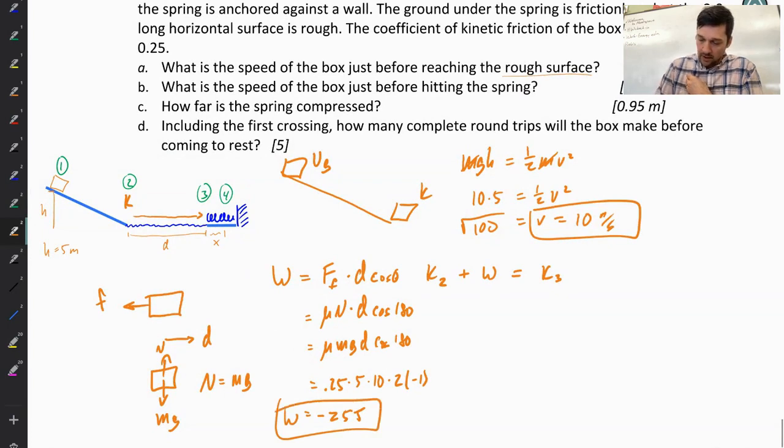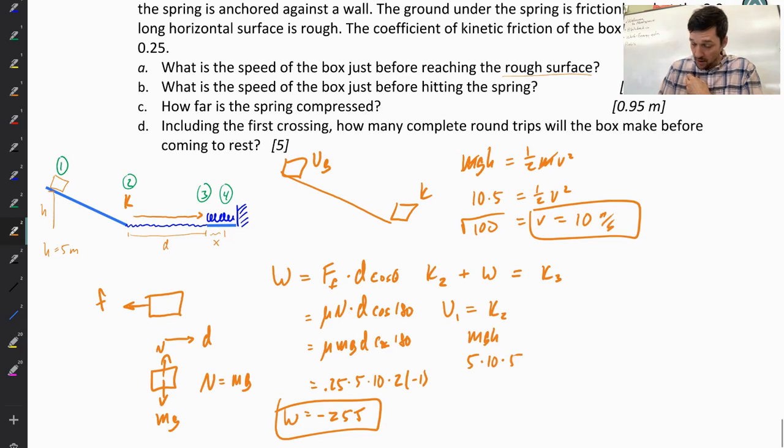So we've got some kinetic energy at the bottom of the slope, which we didn't actually calculate explicitly, but that was the same as the potential energy at the beginning. So we could say that the potential energy at the beginning becomes that kinetic energy at the end. So what is that? That's mgh. So that's going to be 5 times 10 times the height of 5.